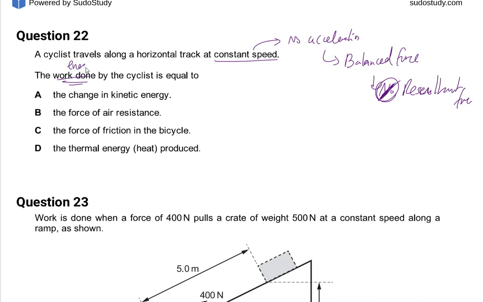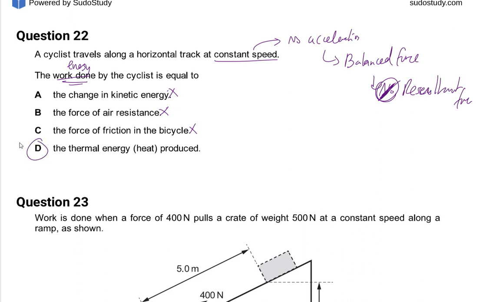So the energy used by the cyclist is equal to what? The work done, so the energy that you are using is by what? The force of air resistance, no. Friction, no. Change in kinetic energy, no. The thermal heat produced.